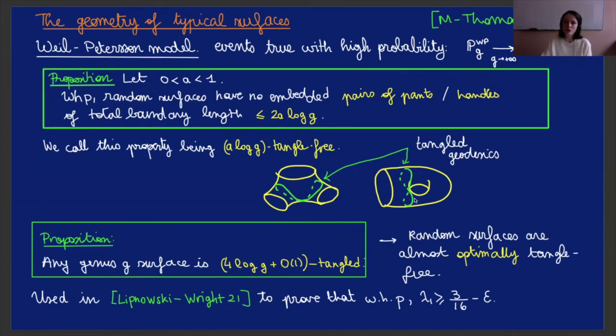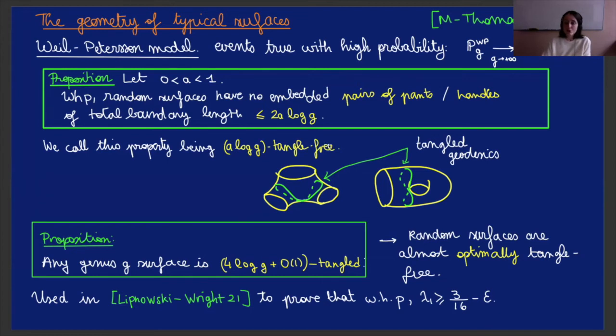Or handles. So handles are like the handle of a mug. There's one boundary component and there's genus 1. And there are no embedded pairs of pants or handles of total boundary length smaller than 2a log g, where a is a number smaller than 1. So we call this property being tangle-free due to similarity with graph theory, where the same notion is used in spectral theory.